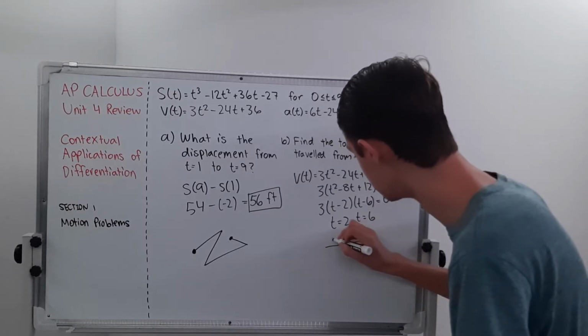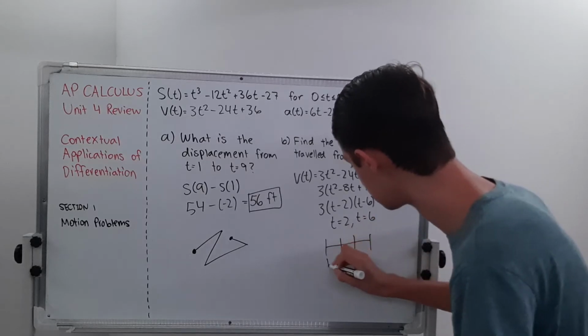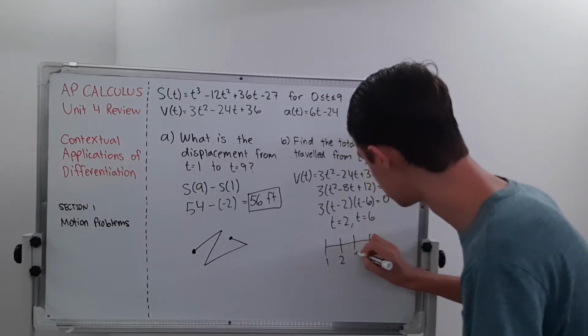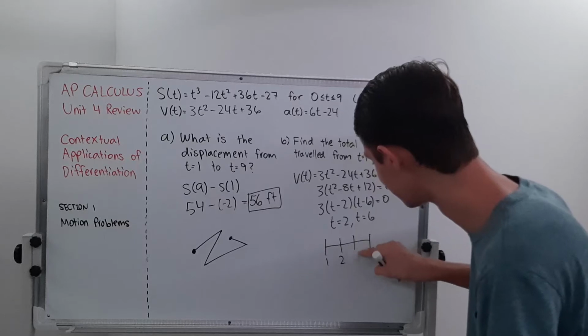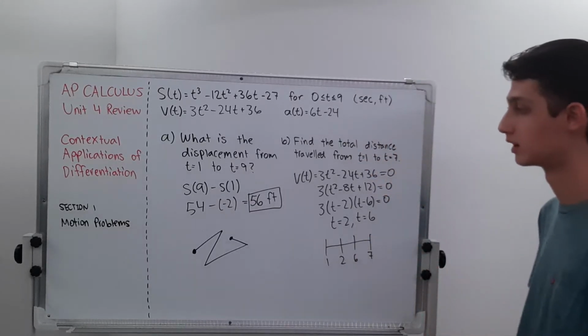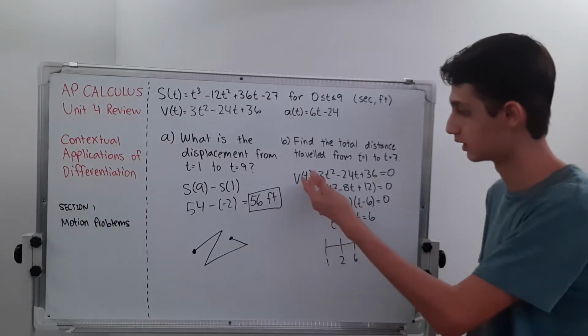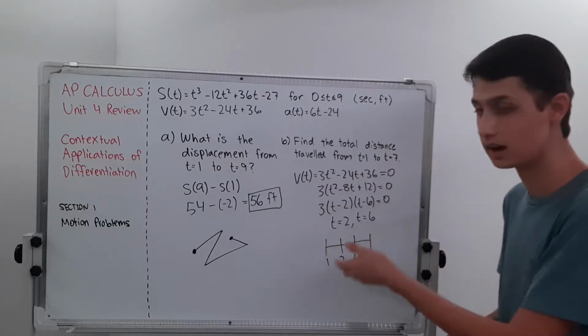We'll start at 1 all the way to 7, and then we have 2 and 6 in between, so 1, 2, 6, 7. And then we determine whether it's positive or negative. What we can do is just plug in numbers to figure that out.